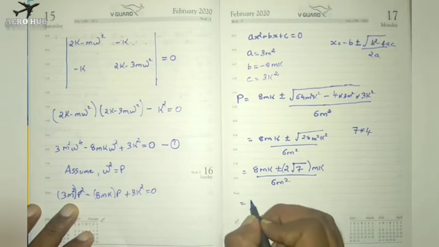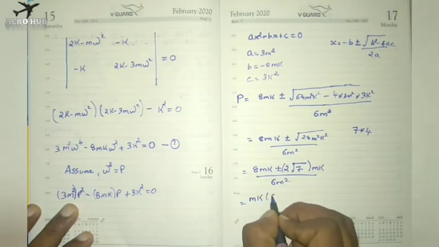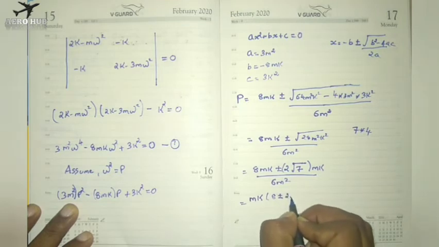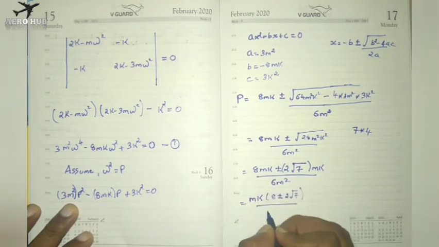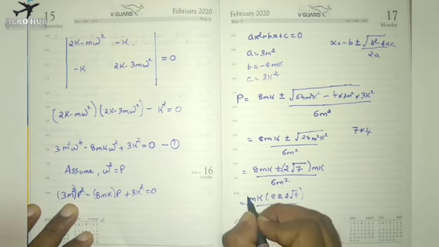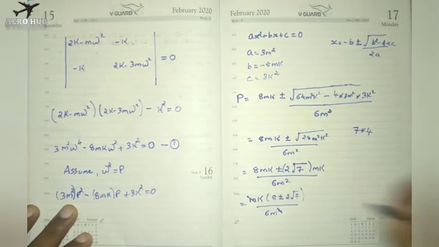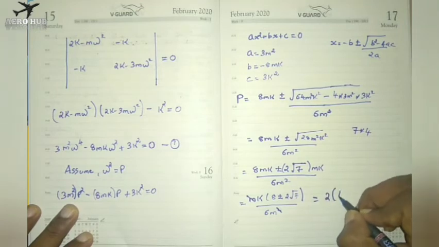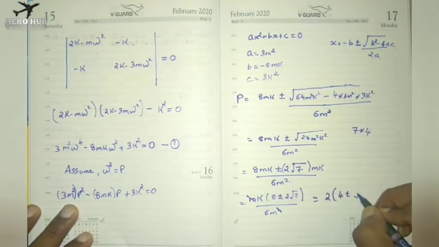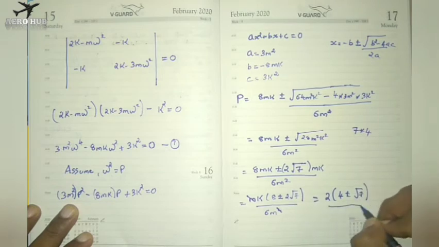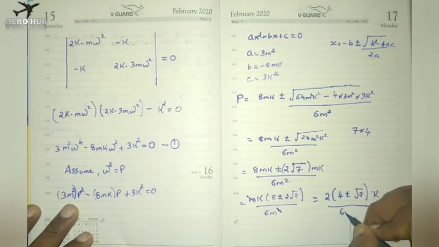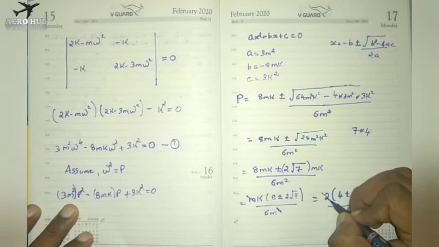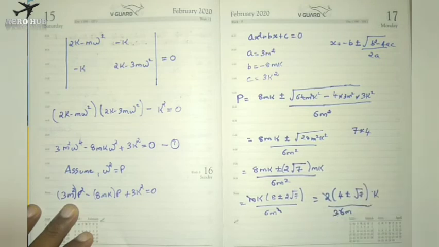I can take mk outside, so it will be 8 plus or minus 2 root 7, divided by 6m square. I can cancel m from numerator and denominator, and take 2 outside from the numerator, so it will be 2 into 4 plus or minus root 7 into k, divided by 6m. Cancelling 2, I get 3 in the denominator.